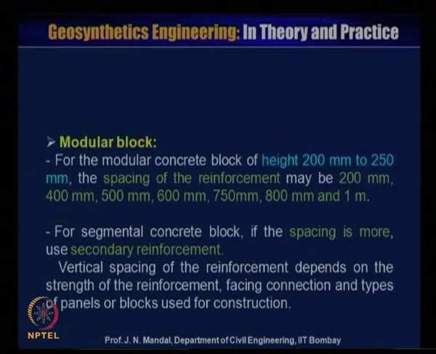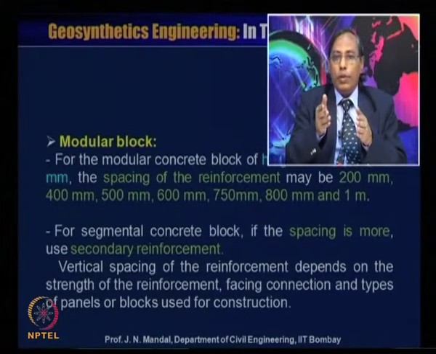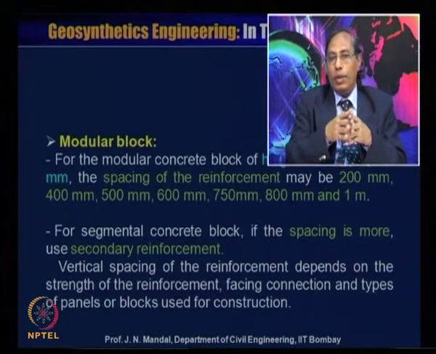Now, for a modular concrete block of height 200 millimeter to 250 millimeter, the spacing of the reinforcement may be 200 millimeter, 400 millimeter, 500 millimeter, 600 millimeter, 750 millimeter, 800 millimeter, and even 1 meter.